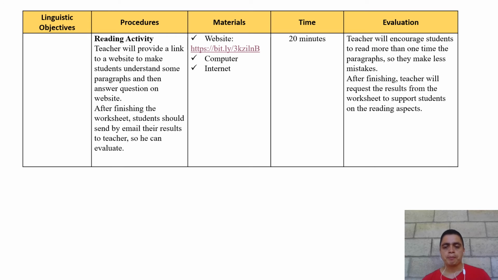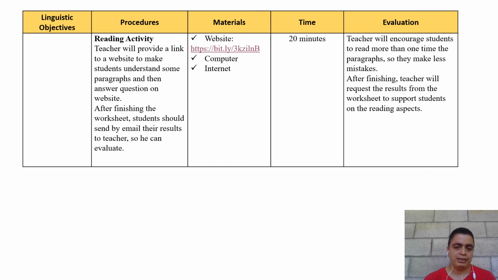After finishing, the teacher will request the results, as I said before, from the worksheet to support the students' own reading aspects. And I will see how they get the information and how they understand the information when reading a paragraph.